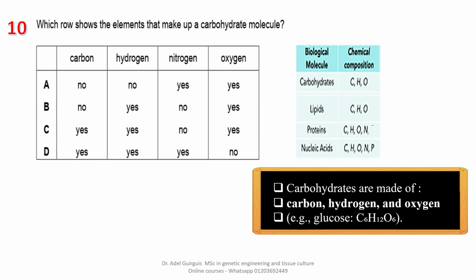While lipids have the same three elements, CHO, but without a ratio between them. Protein must contain nitrogen due to the amino group in amino acids, NH2. Nucleic acids contain CHO plus nitrogen and phosphorus in nucleotides. So the answer is C.